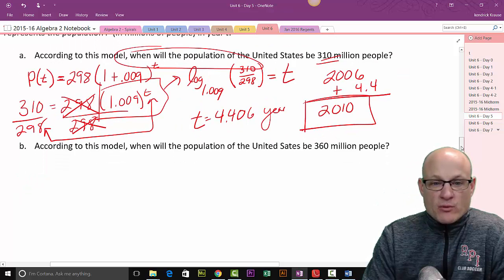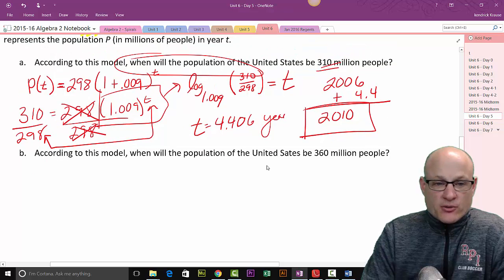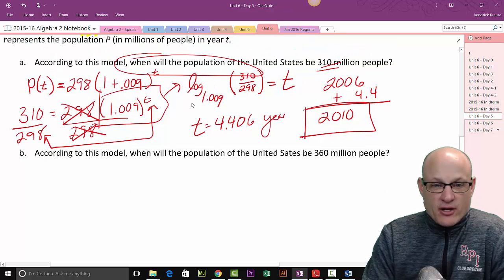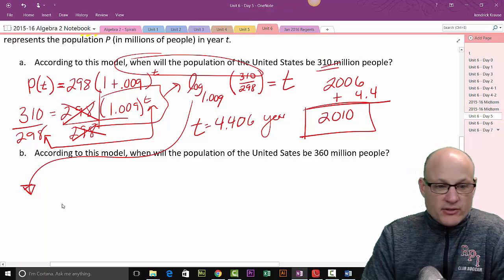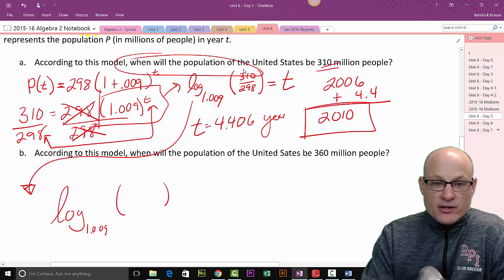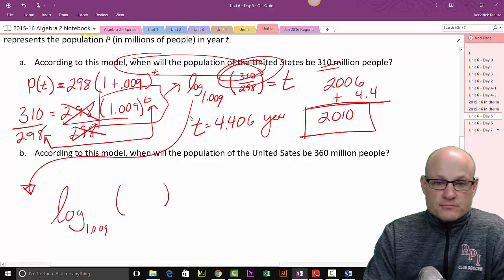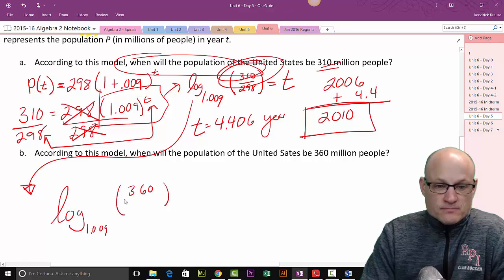According to the model, when will this population reach 360 million? So we're going to do the same exact thing. So now that we've done all this work, we really don't have to switch and change and do all that craziness. It's the same exact thing. It's still going to end up being log of 1.009. But in this case, instead of 310 on top, we're going to use 360 over 298 is equal to t.